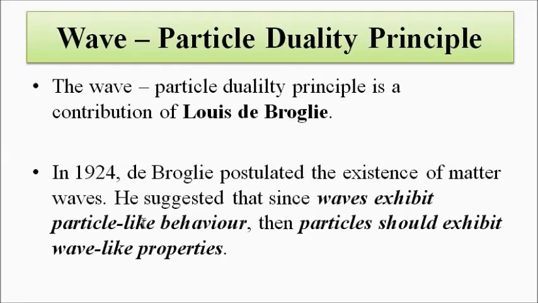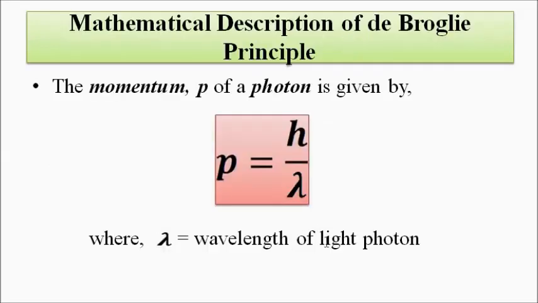So this is what wave particle duality is all about: waves exhibit particle like behavior, particles exhibit wave like properties. These two things are interrelated by these two equations. Here again the quanta or the photon comes into play, the photon particle. The momentum p of a photon particle is given by this equation, p = h/λ.